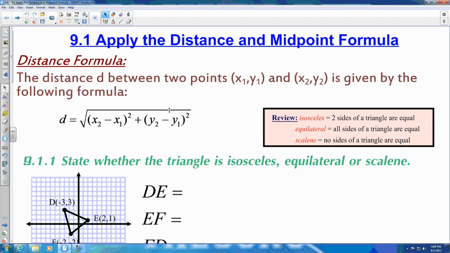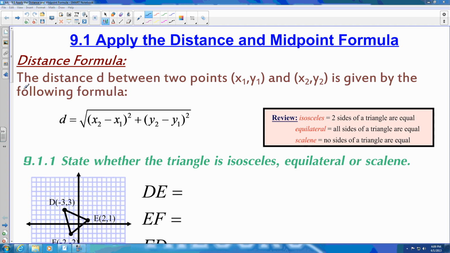Alright, so we're in a new chapter, chapter 9, and in section 9.1, we are going to apply both the distance and midpoint formula.